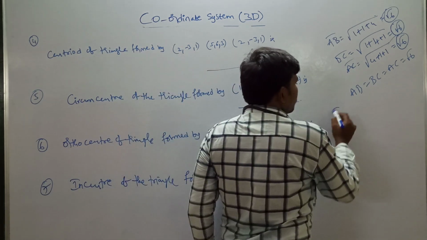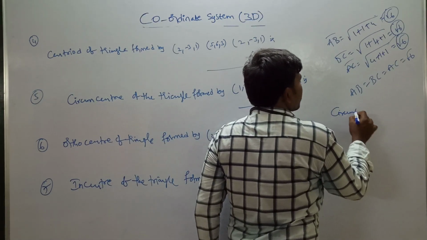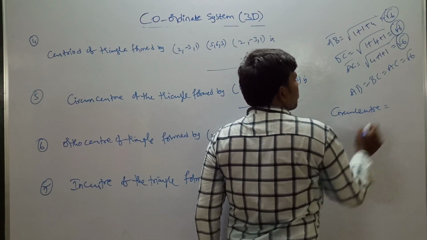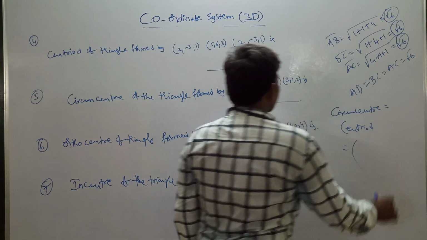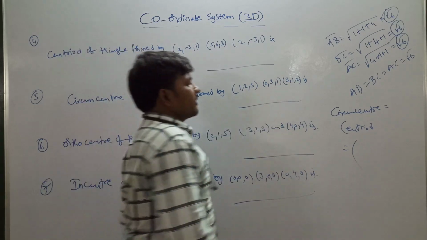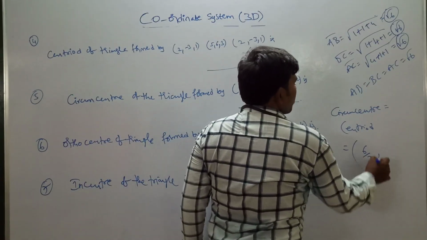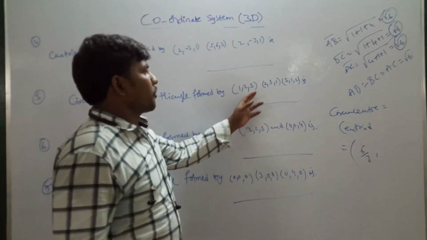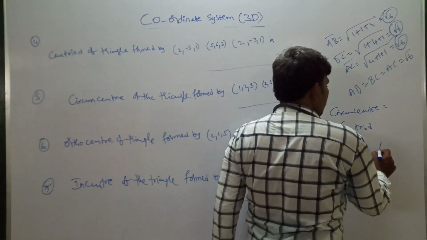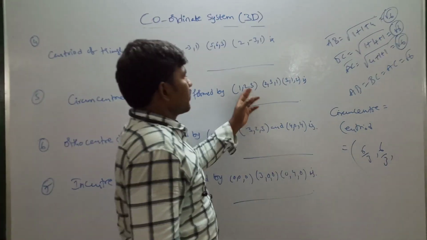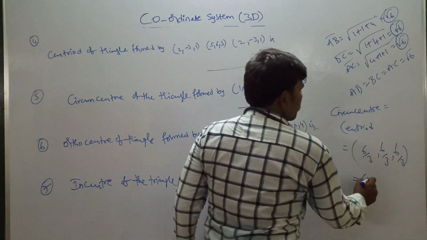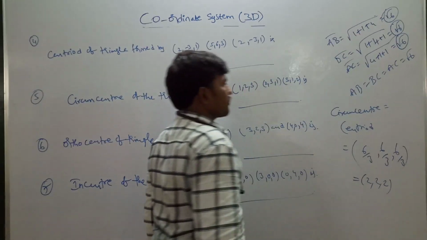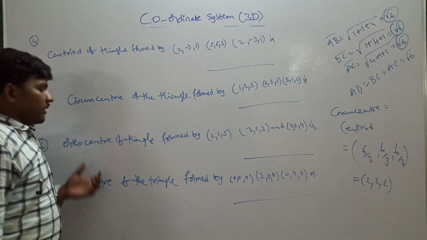So circumcenter is equal to centroid, that is equal to (1 plus 2 plus 3) 6 by 3, (2 plus 3 plus 1) 6 by 3, (3 plus 1 plus 2) 6 by 3. That is equal to (2, 2, 2). Next.